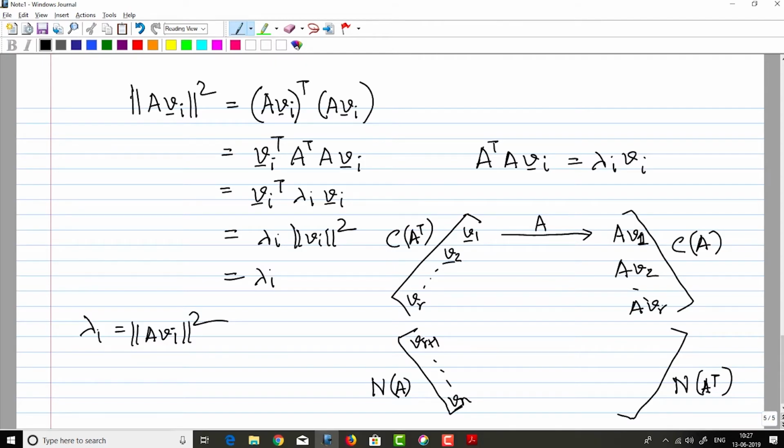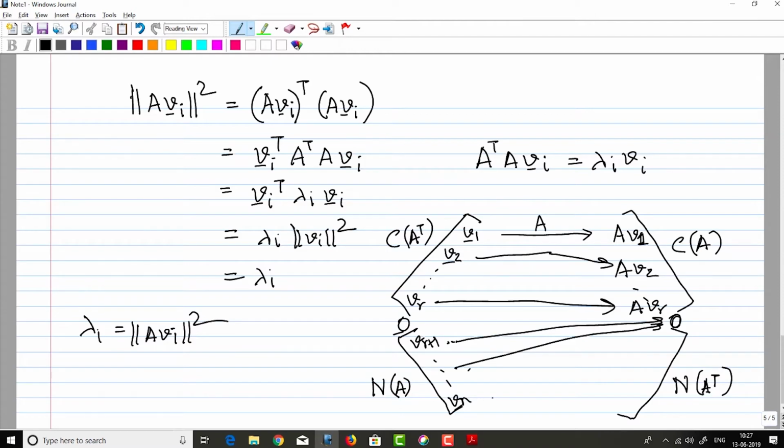This is the 0 vector here, and all the others will go to 0, because they fall into the null space of the matrix A. Because of that property, these will be the 0 vector.